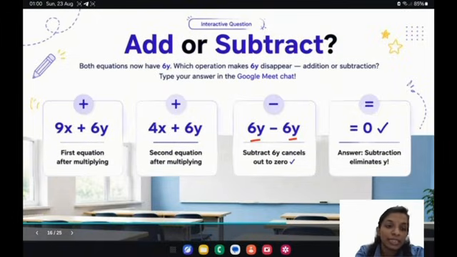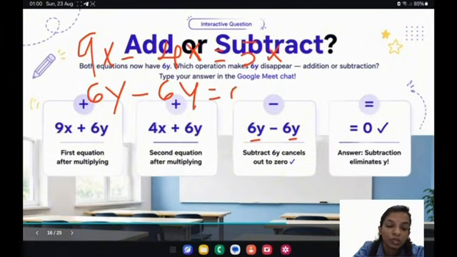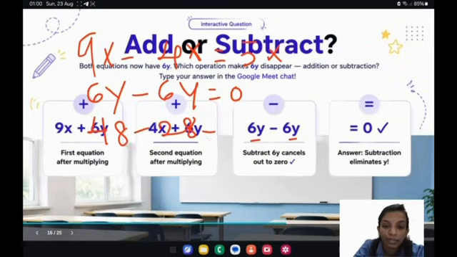For the x term, we have 9x minus 4x, which equals 5x. For the y terms, 6y minus 6y equals 0. For the constants, 48 minus 28 equals 20.